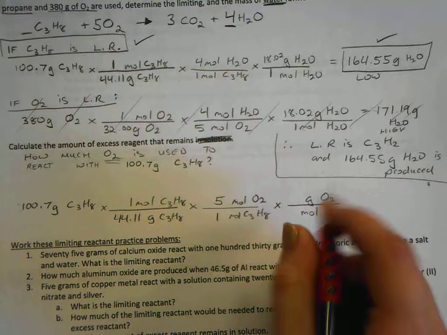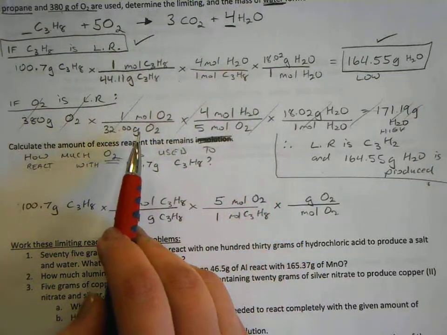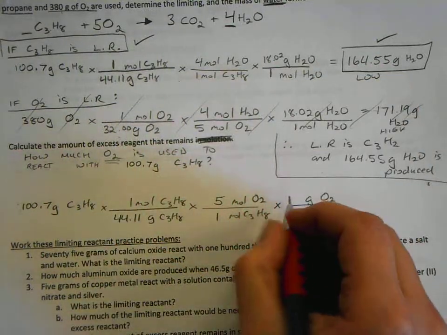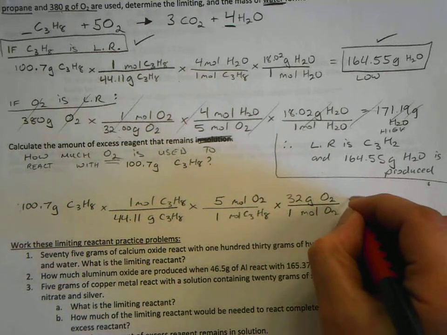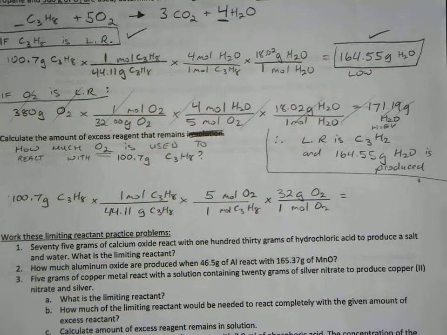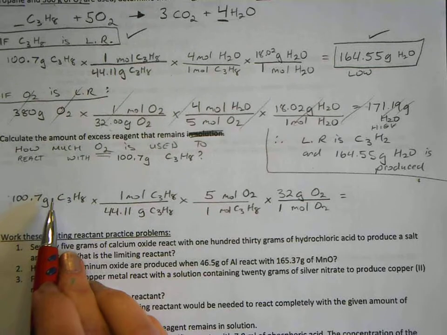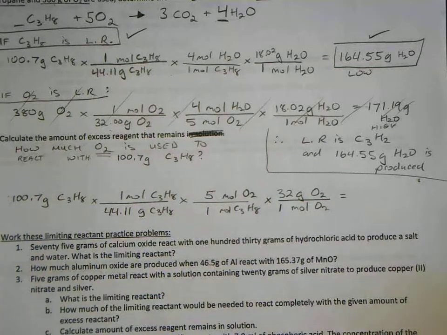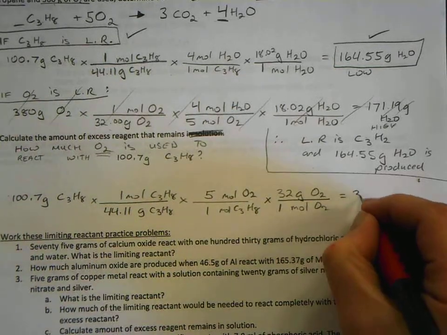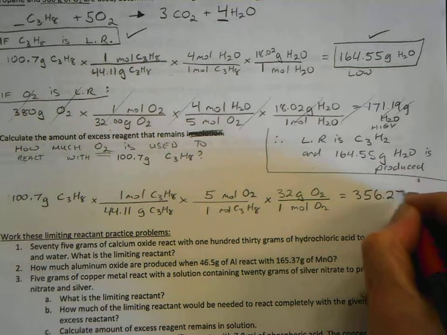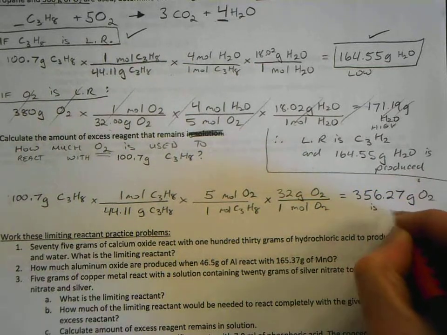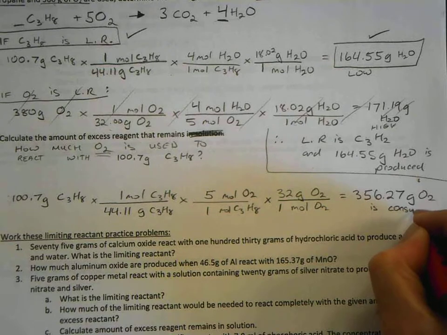So what's the conversion there? We've used it over here. The molar mass of oxygen gas is 32 grams for 1 mole. So if I do that calculation, when I use up all of my propane, I end up with a total of 356.27 grams of O2 consumed.